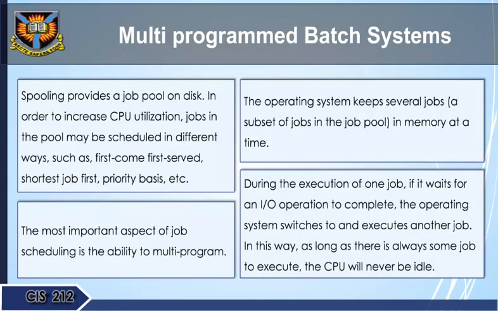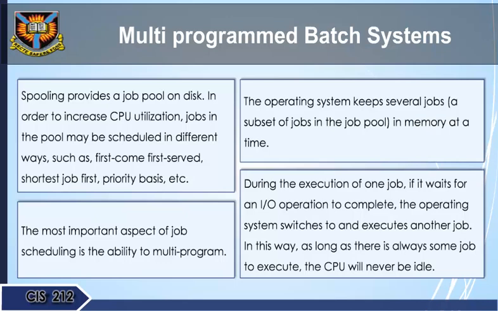Multi-programmed batch systems. Spooling provides a job pool on disk in order to increase CPU utilization. Jobs in the pool may be scheduled in different ways, such as first come, first served, shortest job first, priority basis, and so on. The most important aspect of job scheduling is the ability to multi-program.